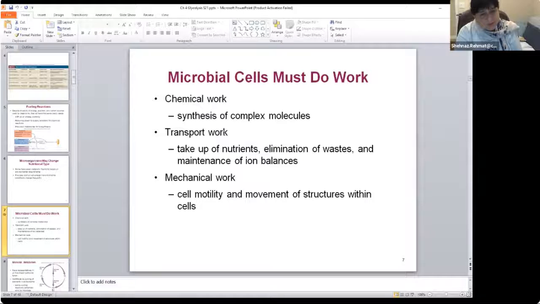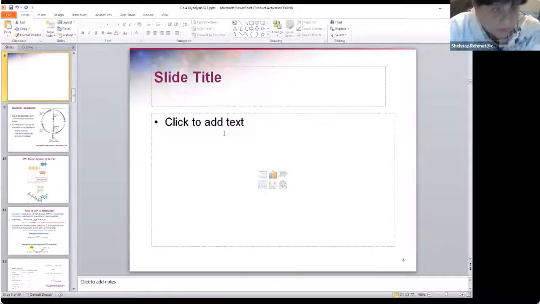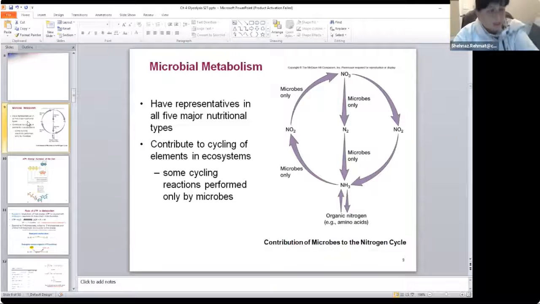But within the cell also, structures are moved within the cell. That is considered to be mechanical work. So cells have to do a lot of work. You may think of them as sitting around doing nothing, but they have to do a lot of chemical work, transport work, as well as mechanical work. They are not just inert little cells that are sitting around doing nothing.